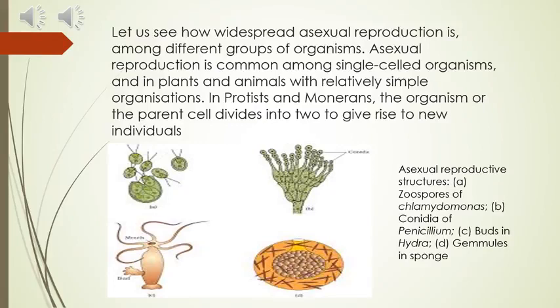When the formation is completed, meaning all the spores are present inside the Chlamydomonas, the plasma membrane of the Chlamydomonas bursts and all the spores come out. If you see the diagram, all the spores have flagella, and when spores have flagella, we call them zoospores. This takes place mostly in Chlamydomonas.